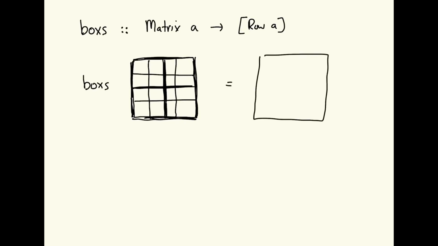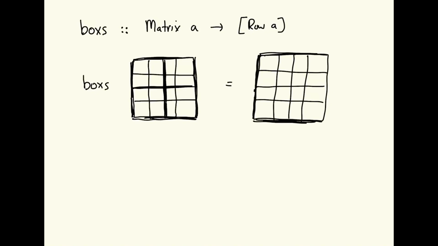If I was clever, I could copy it, but I'm not, so I won't. So there's the resulting matrix here. And again, you can draw the border a little bit thicker. There we go. So what is boxes going to do on these 4 by 4 matrices with these 2 by 2 boxes? Let me fill in some numbers here. So let's fill in numbers 1 to 16.